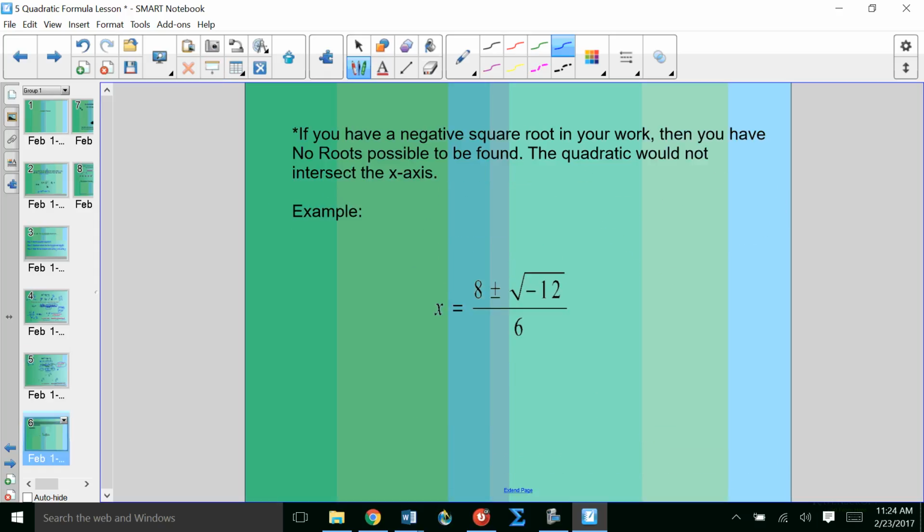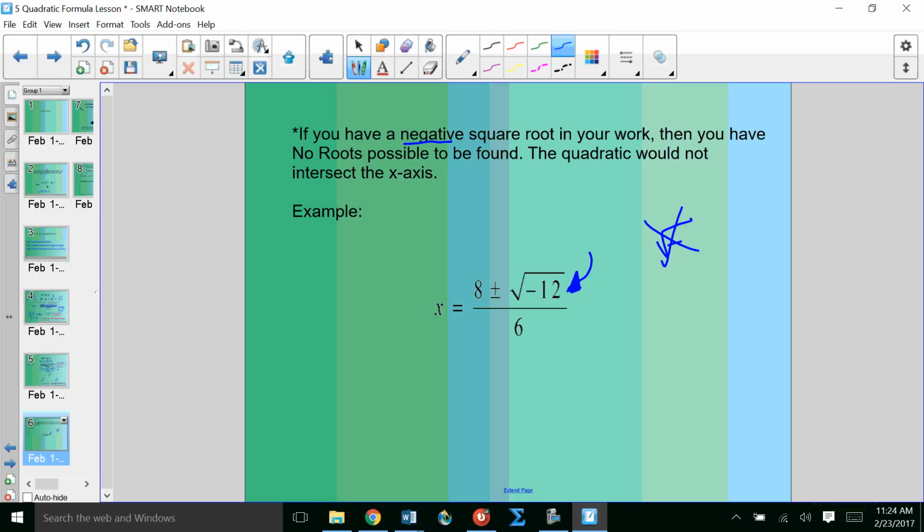Okay. Let's talk about a couple scenarios that can occur when you are finding your roots using the quadratic formula. If you have a negative in this chunk right here, remember I want you doing those 3 chunks, and one of the reasons is so that if you get a negative under this radical, I want you to remember that that is not possible. We cannot take the square root of any negative number.